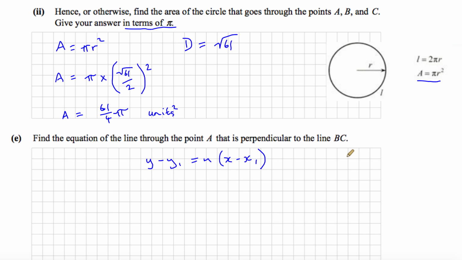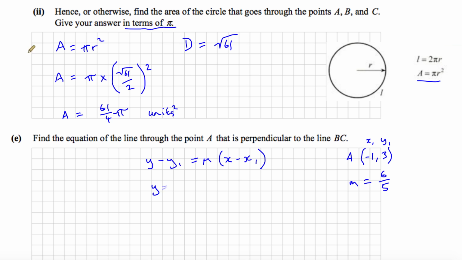Our point A, which was -1, 3, yes, that's the point A, so that's going to be our x1, y1. And then our slope m was what we just worked out, which was 6/5. So we're going to plug these values into the formula.